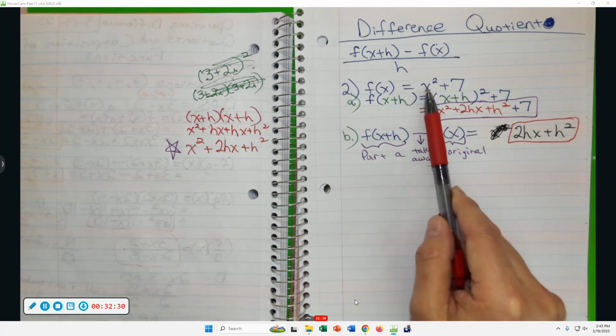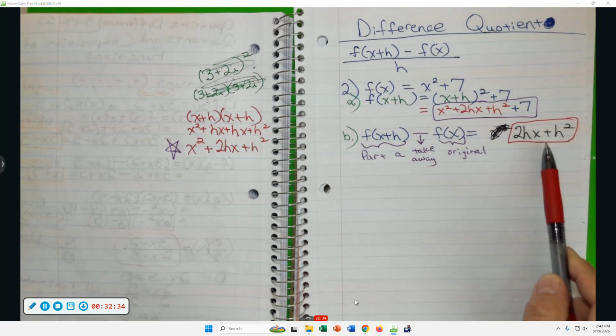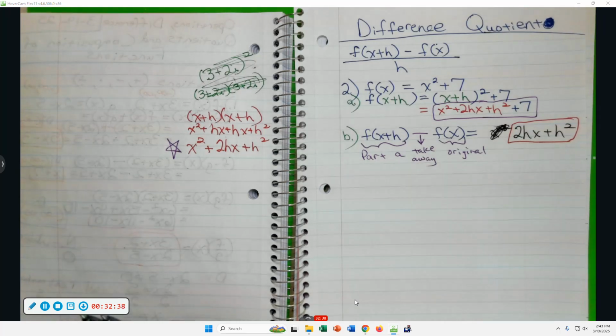So you took away the x squared, you took away the 7, leaving you only terms containing h. Any questions on my logic there? So you're just taking away the x squared and the plus 7. Okay. That's right.